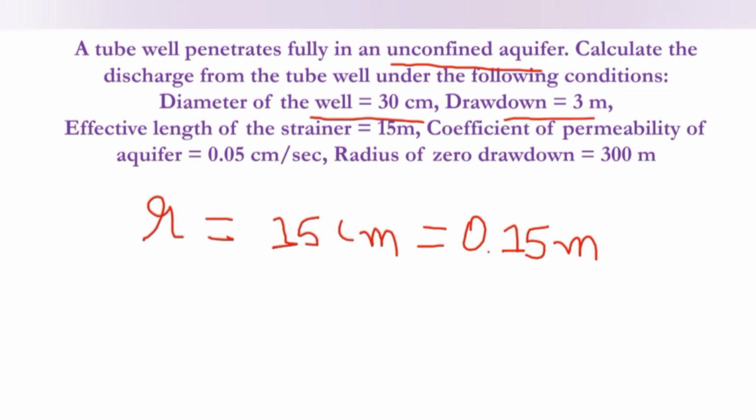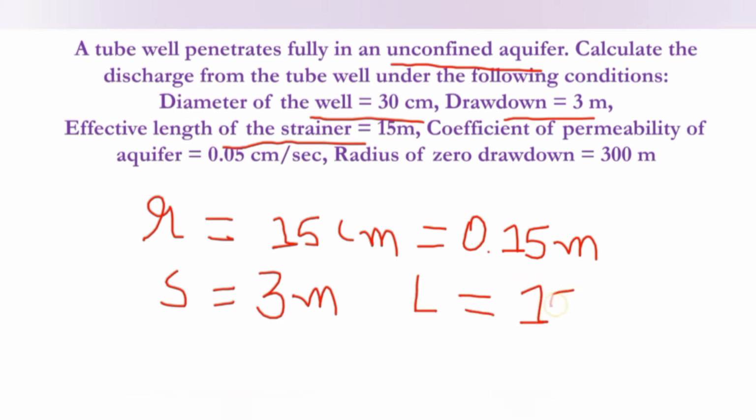Drawdown is equal to 3 meter, so S is equal to 3 meter. Then the effective length of the strainer is 15 meter, so L is equal to 15 meter. The coefficient of permeability, that is K, is given as 0.05 centimeter per second.